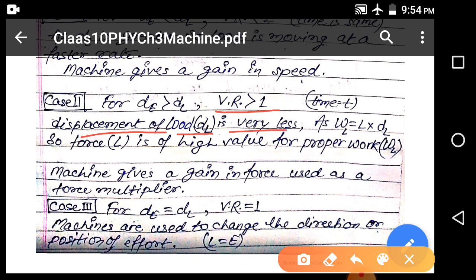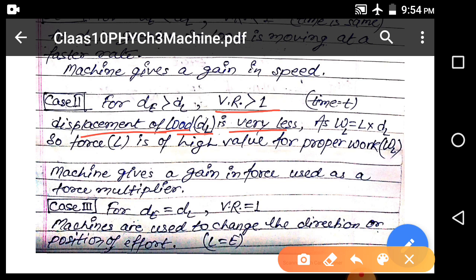Like if we consider the jack again, when we use the jack, our displacement of effort is greater as compared to the displacement of the load, because the car slowly lifts up, whereas our displacement of the effort on the jack is very high as compared to the displacement of the load.